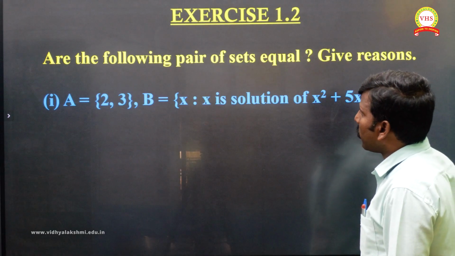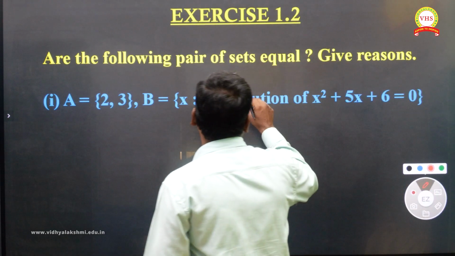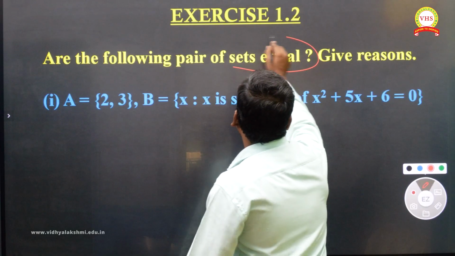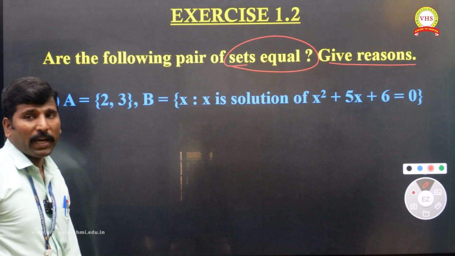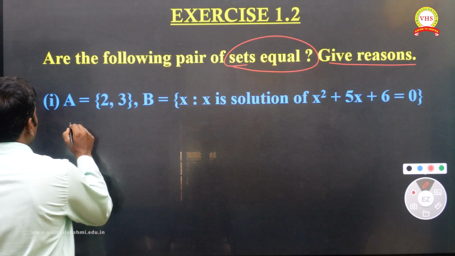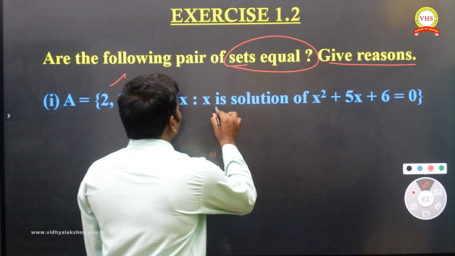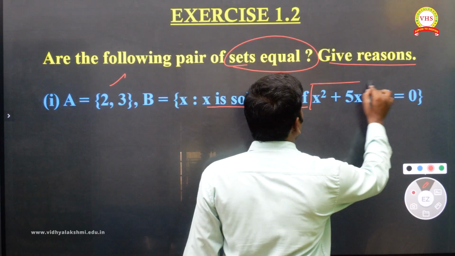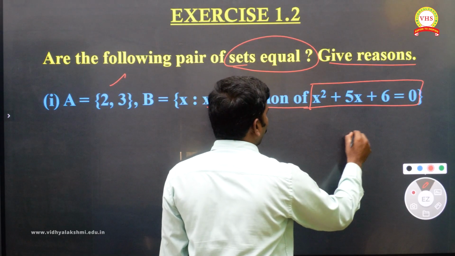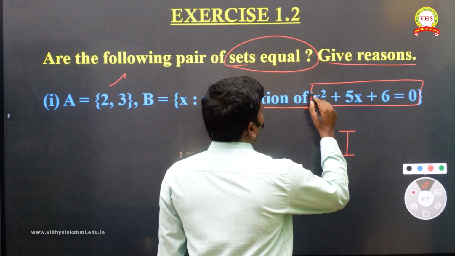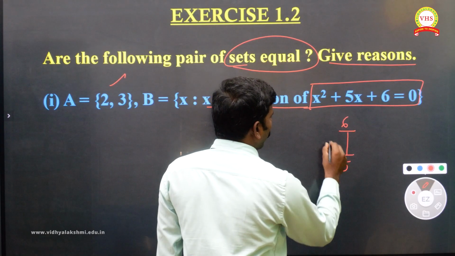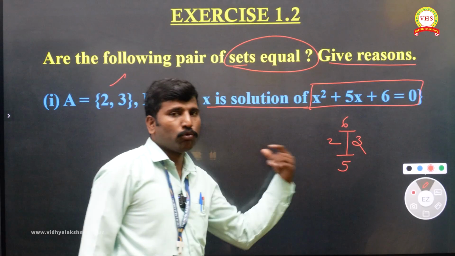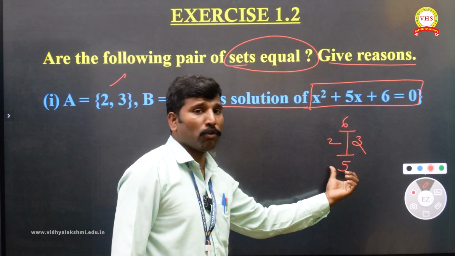So next Roman, what is that? Are the following pairs of sets equal? They gave a question mark. Give reason for your answer. They are asking. So there is a set, 2 and 3. X is the solution of this. So we have to simplify that. You can take factorization. Coefficient of x square is 1. 1 into 6 means 6 only. There is a 5. 2 3s are 6, and when you add, you will get 5.